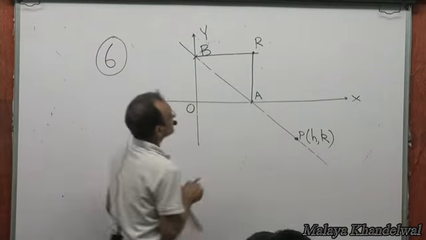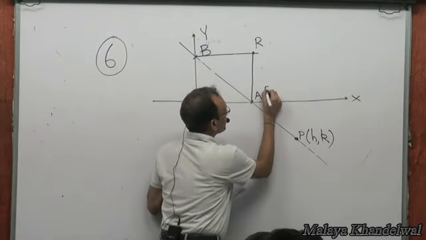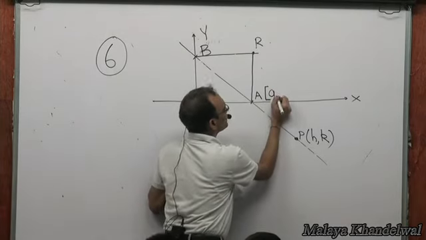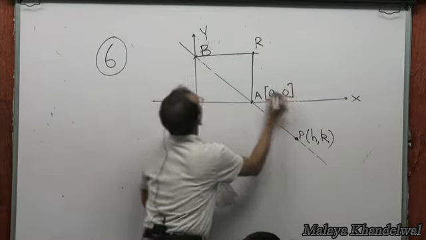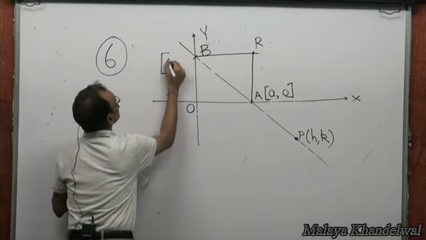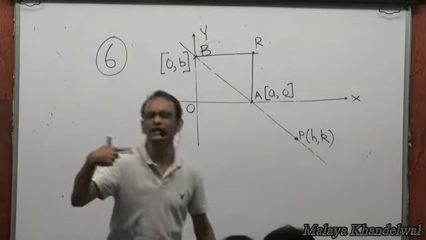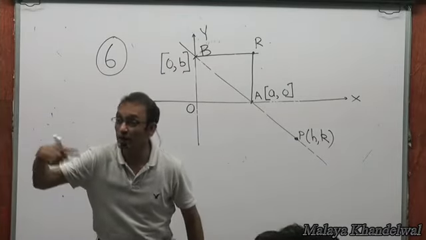Now, in this case, say A varies. A has a variable coordinate A, 0. B has a variable coordinate 0, B. In this case, how many parameters are there? 2 parameters, A and B, although they are connected, but then A and B vary.